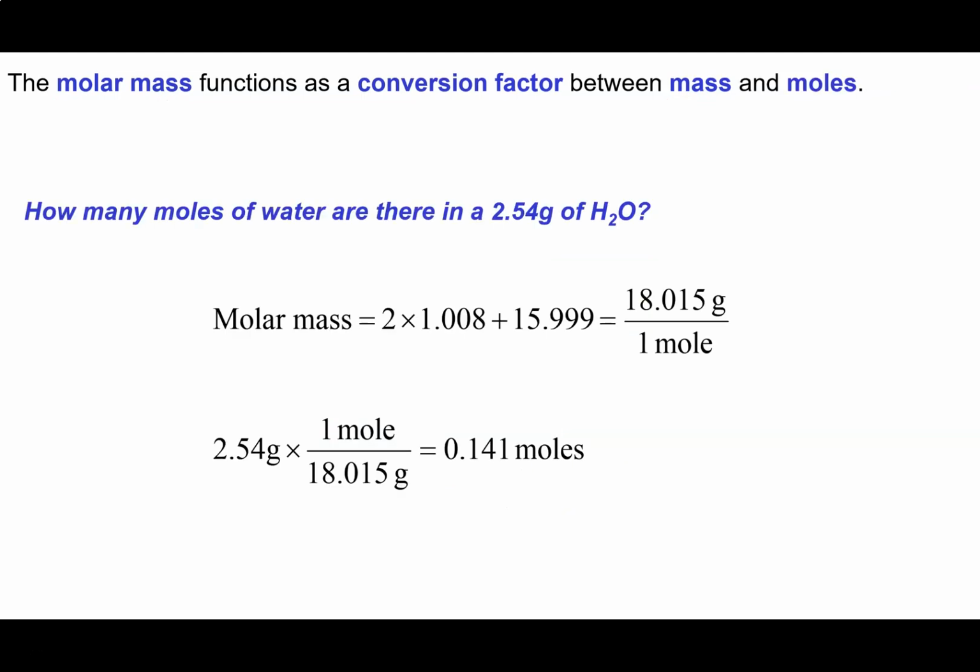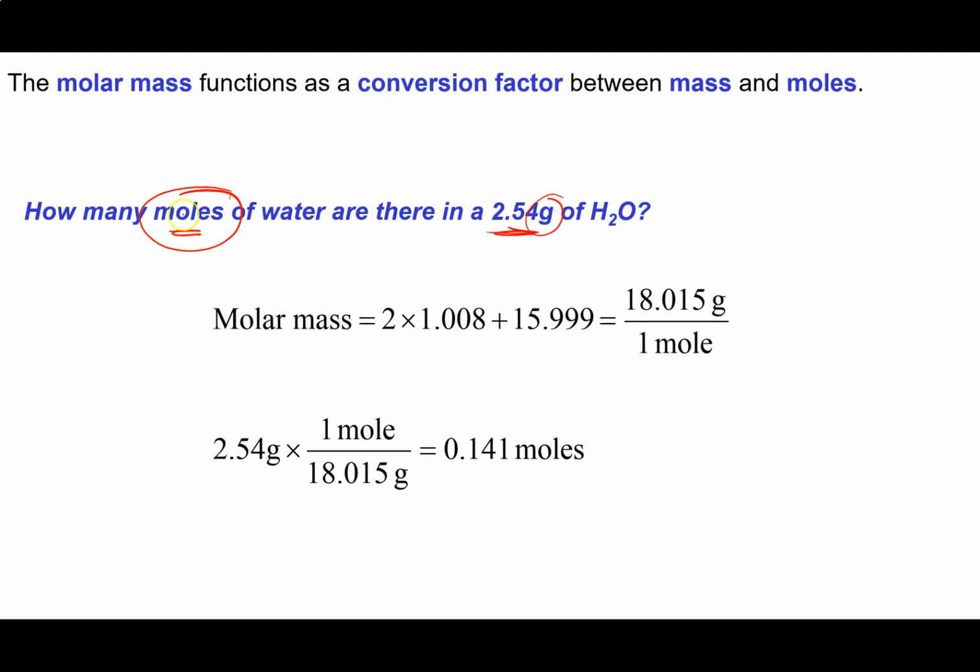If I wanted to turn grams of water into moles, I would need to multiply by the conversion factor that has grams on the bottom line and moles on the top line.